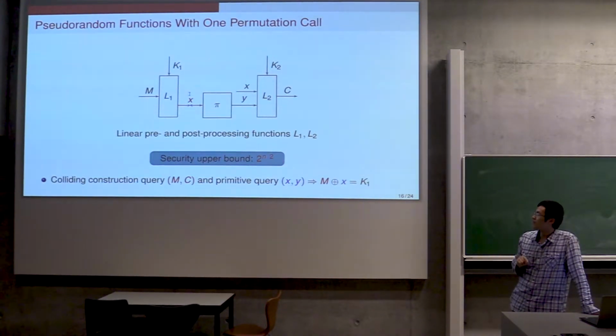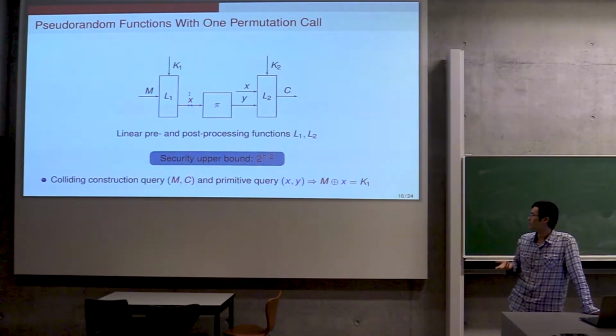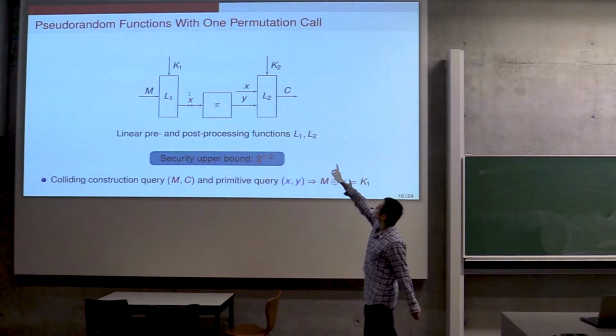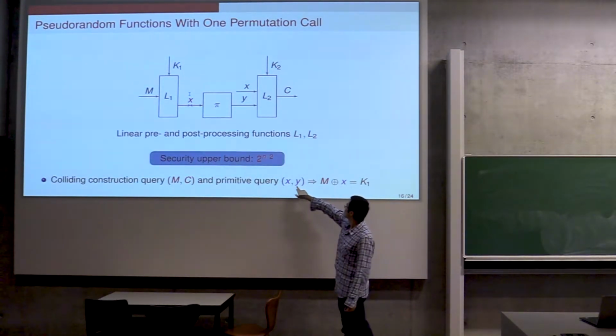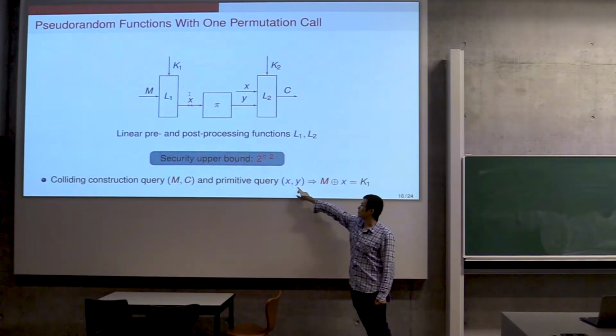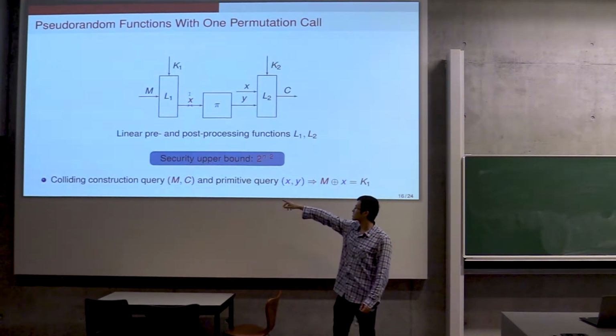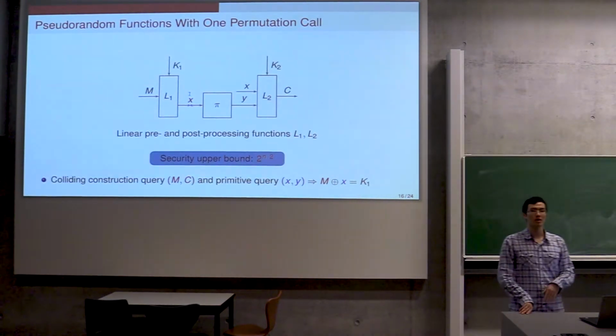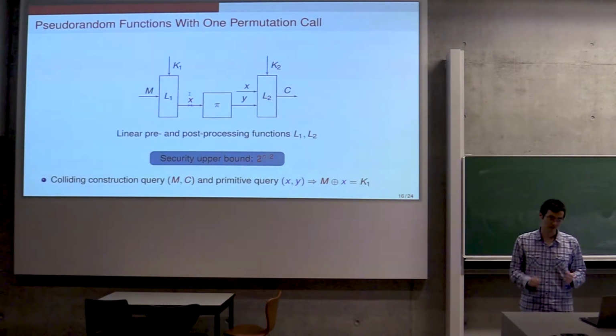You just need to find a collision of the input M of the construction query with the input X of the primitive query. As long as this collision can be found, there will be a relation between the output Y of the primitive query and the output C of the construction query. Then we are able to distinguish the real construction from the ideal.